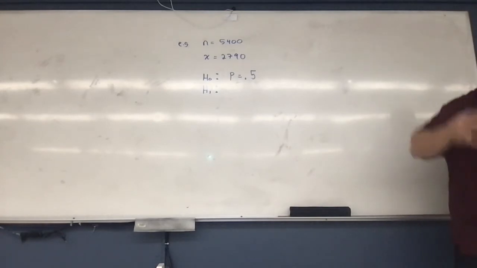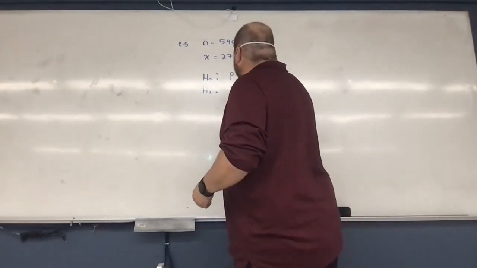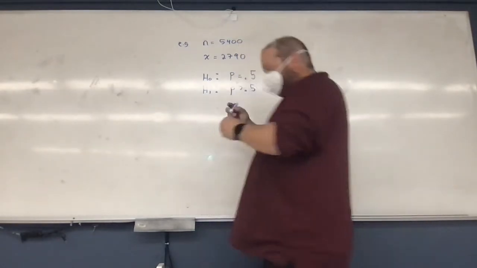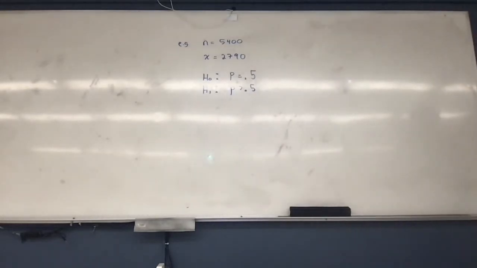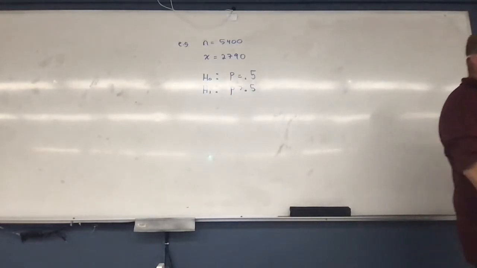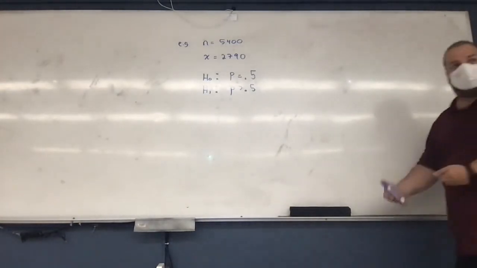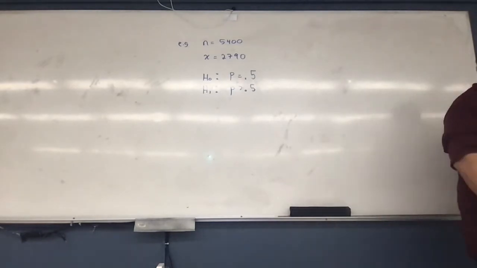So this would be a right-tailed, greater than 50% experiment. If people can really do this, they should pick the right one more often than not. They didn't tell you that in the problem. You have to realize that that's the point of the experiment.